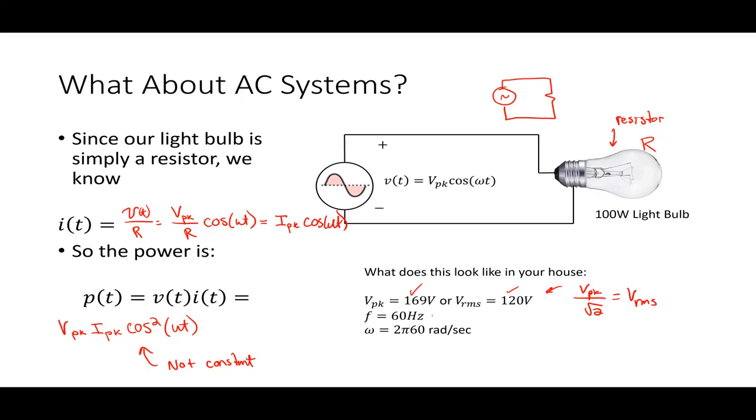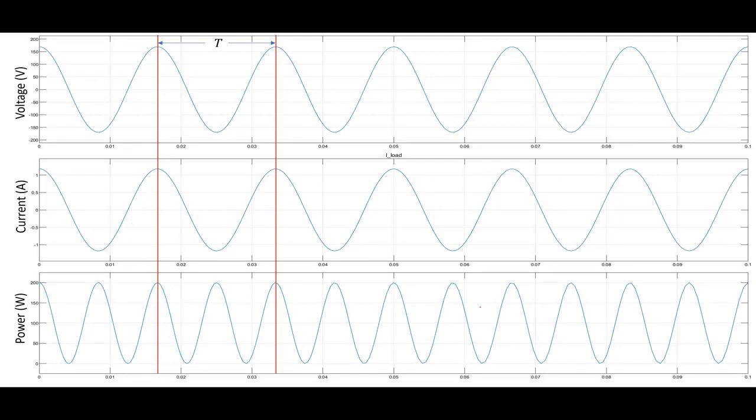The frequency is about 60 hertz, so the radian frequency is 2 pi times 60 hertz, or about 377 radians per second. So if I run that, here's what we get. This on the top here is the voltage I have, and I can see the peak value looks like it's about 169 volts. If you look at what's on the axes over here.